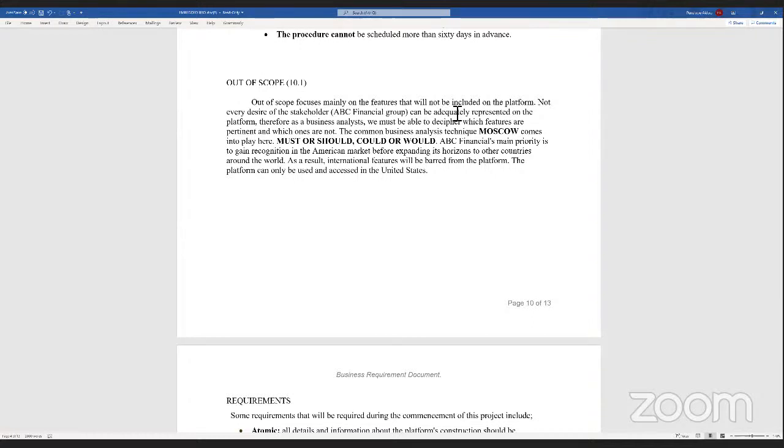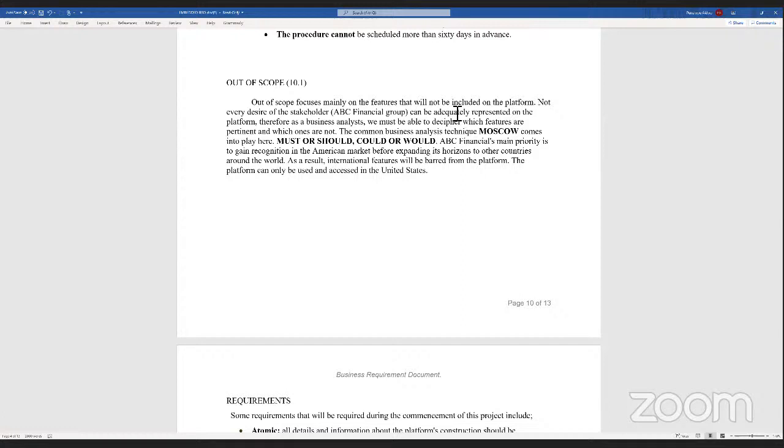So I said that we are going to integrate the MoSCoW technique, where we literally pick between the stakeholders' ideas and then prioritize the things that are more important, and focus on the rest as we grow with them.